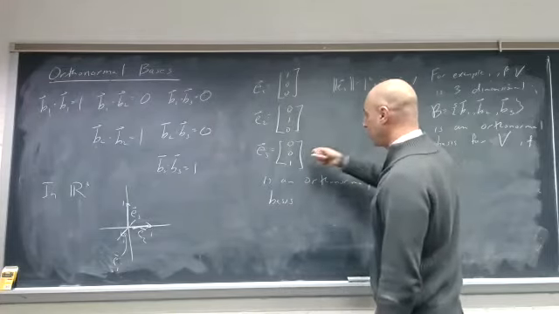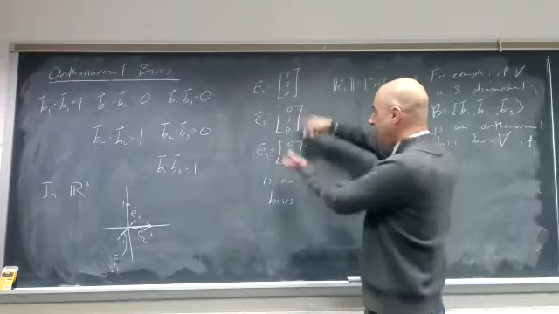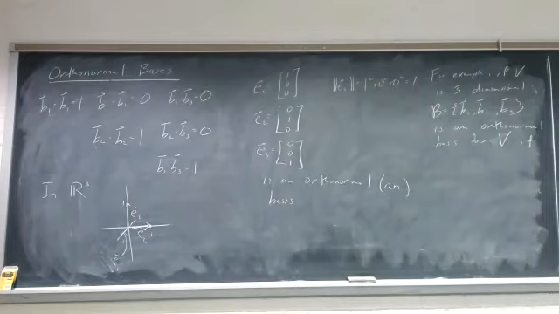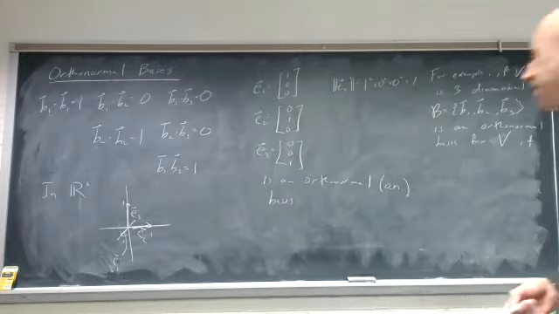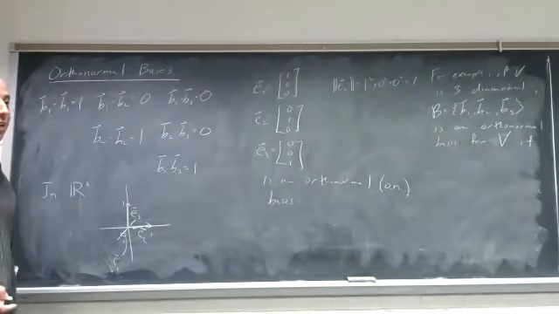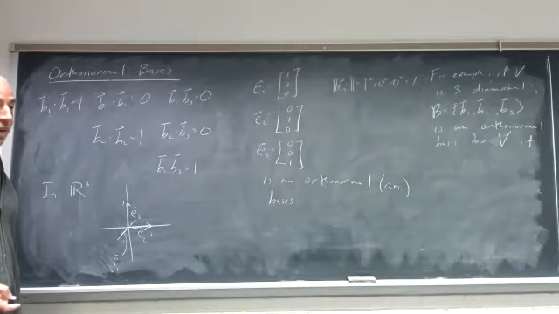The length of E2 is 1, the length of E3 is 1. And you can see that the dot product between these vectors is 0. So here's an example of an orthonormal basis in R3. It's certainly not the only orthonormal basis.